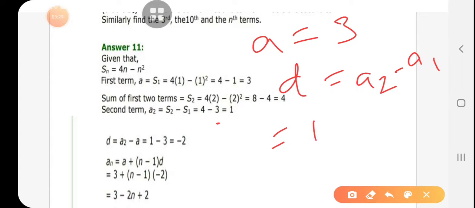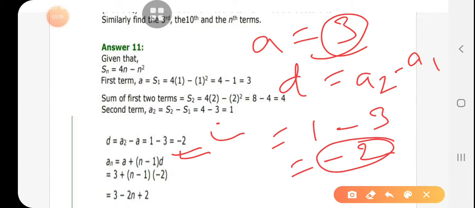Here a2 is equal to 1 and a1 is equal to 3, so the value of d is equal to minus 2. Now we put in the formula, an is equal to a plus n minus 1 into d. We put the values of a and d: a is equal to 3, and n minus 1 into d, which is minus 2. After multiplying, we get 3 minus 2n plus 2.